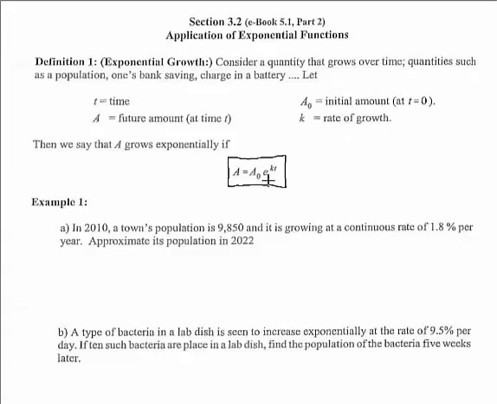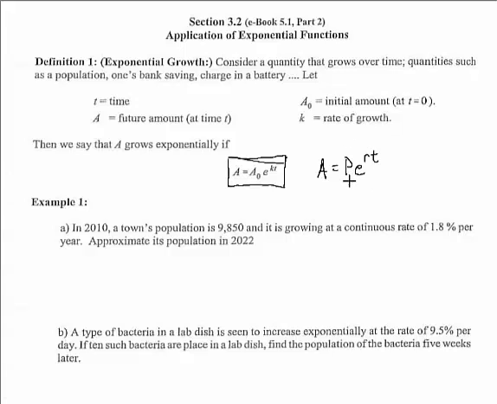And then here's our exponential component e to the kt, and this formula is similar to the continuously compounded interest formula that we saw from the previous section, where the amount of money in an account at a later time is equal to the principal that we initially put into it times e to the rt.